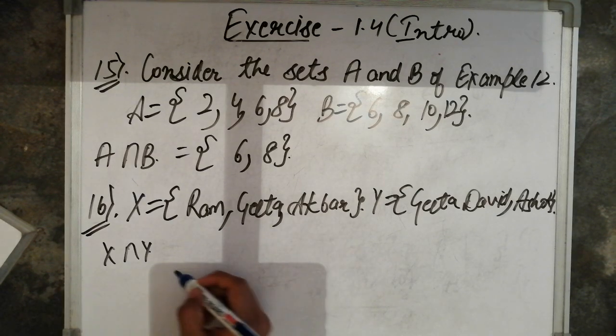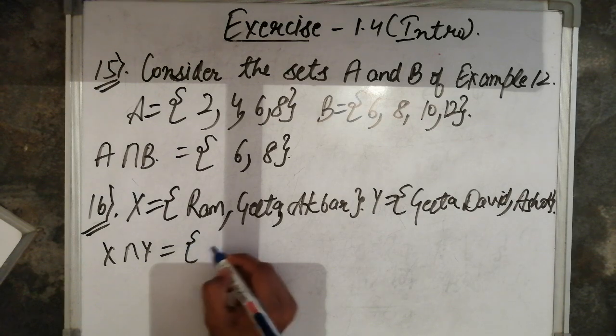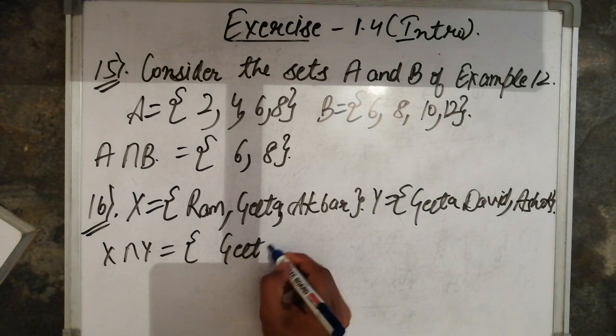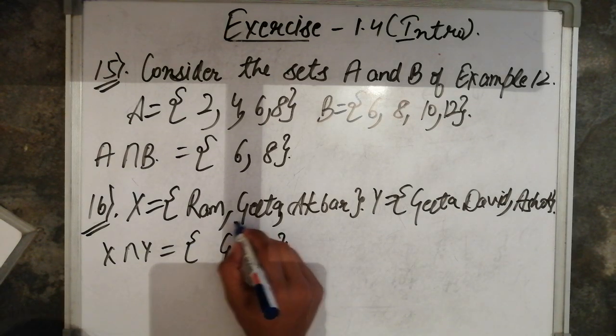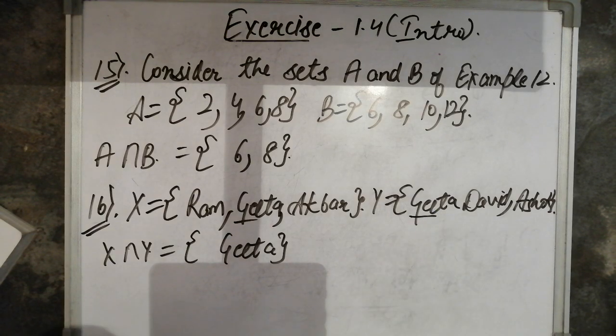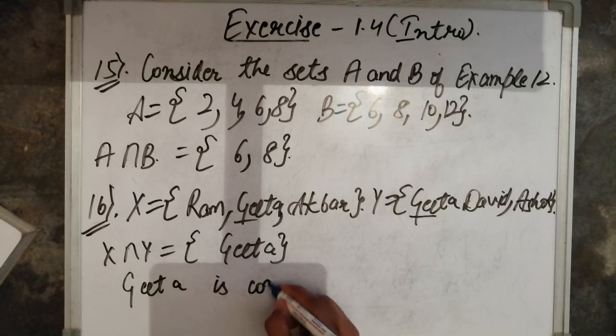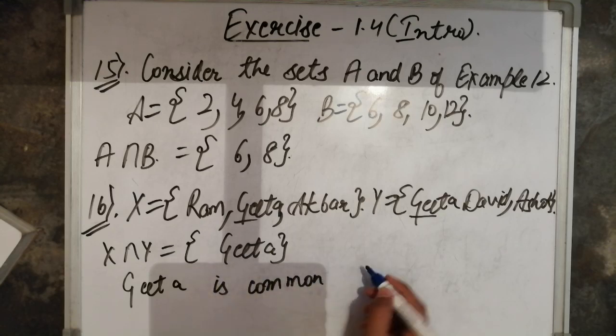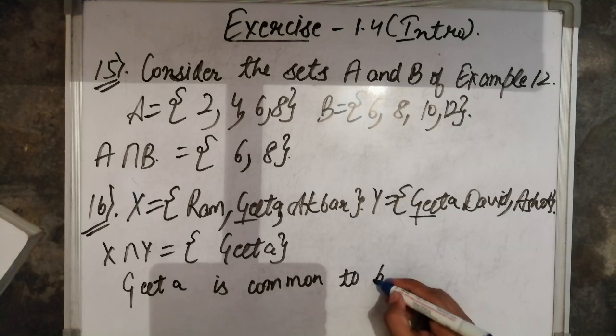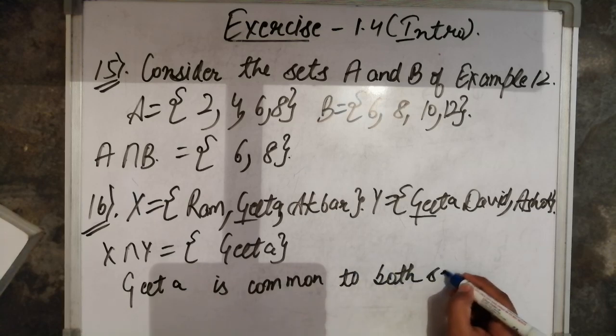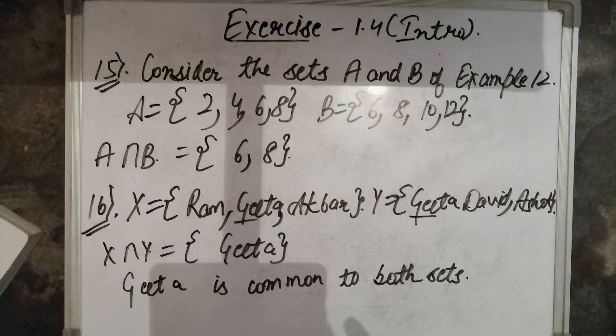And in X intersection Y we will have Geeta, as Geeta is the only element which is present in both of these sets. Geeta is common to both sets. Okay, pause the video to note it down.